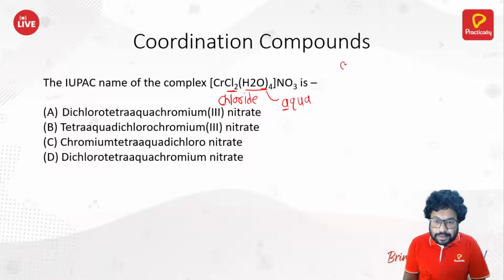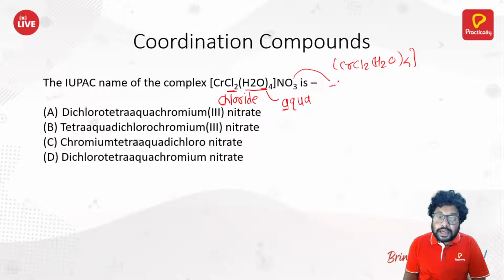So if you write the compound [CrCl2(H2O)4]NO3, we all know NO3 has a -1 charge. So if nitrate has -1 charge, this complex will have a +1 charge. Then what is the oxidation state of chromium? Suppose chromium is X and chlorine is -1, so 2 chlorine gives -2.